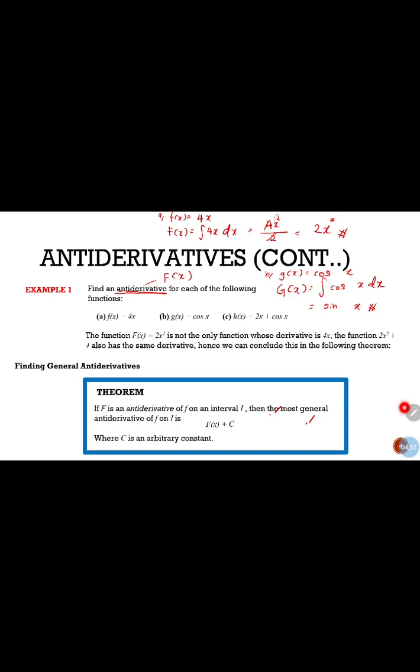And the final one, c, which is h(x) equals 2x plus cos x. So for capital H(x), integrate these two. Integrate 2x, you will get 2x squared over 2. Integrate cos, we will get sin x. So this is the final answer.